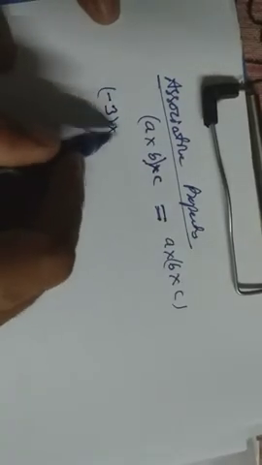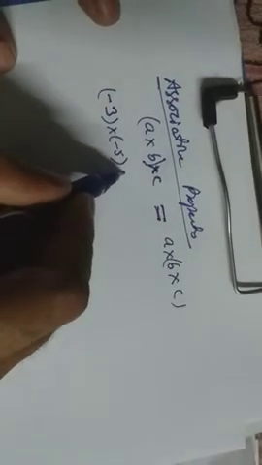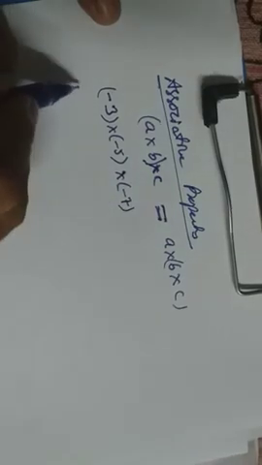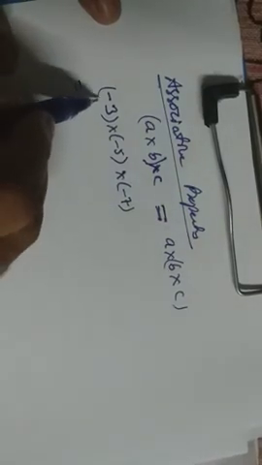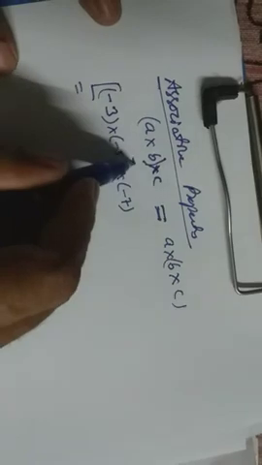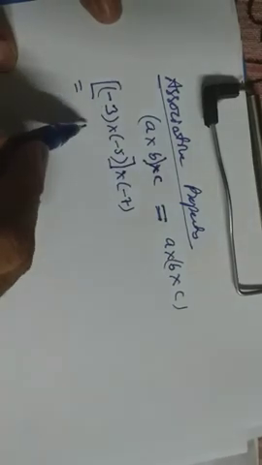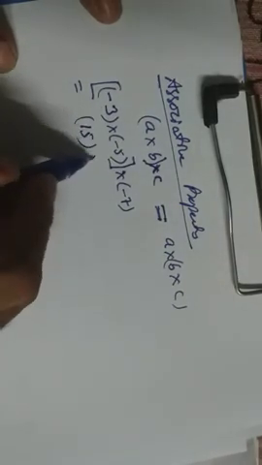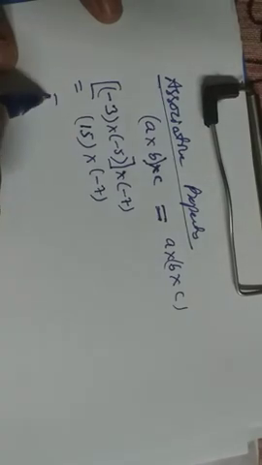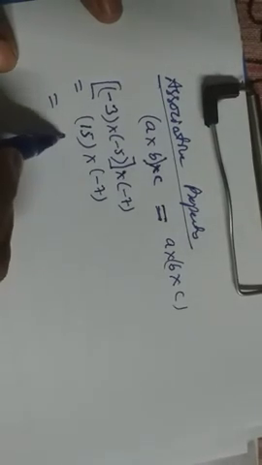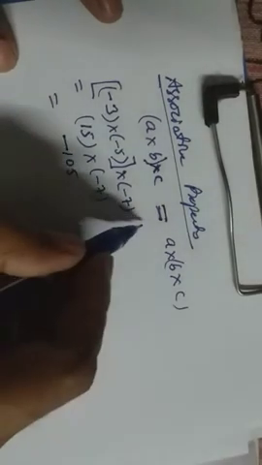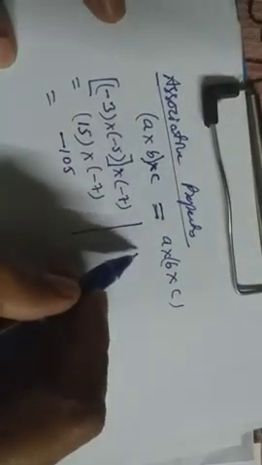Minus 3 into minus 5 into minus 7. If you multiply the first two, put them in a big bracket. Minus 3 into minus 5 is plus 15, into minus 7, and 15 into minus 7 is minus 105. Let us see in a different way.